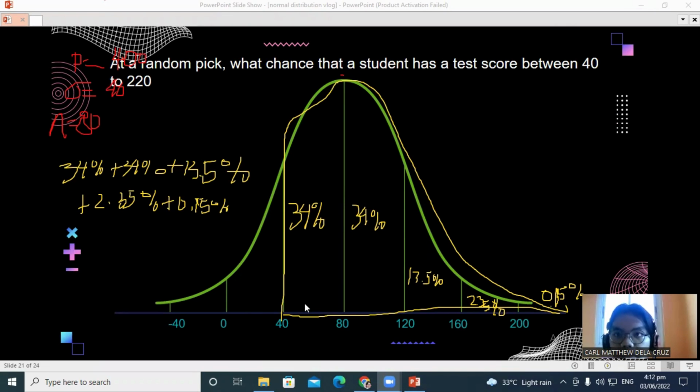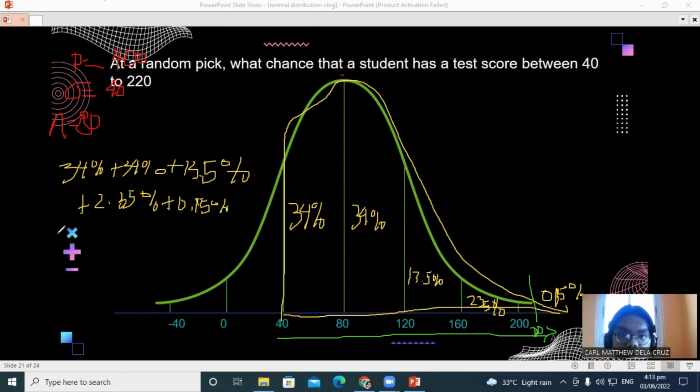So at random pick, between 40 to 220, here is our formula. So now we need to add. 34% plus 34% plus 13.5% plus 2.35% plus 0.15%.